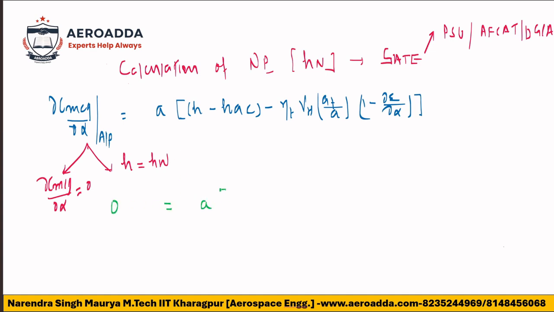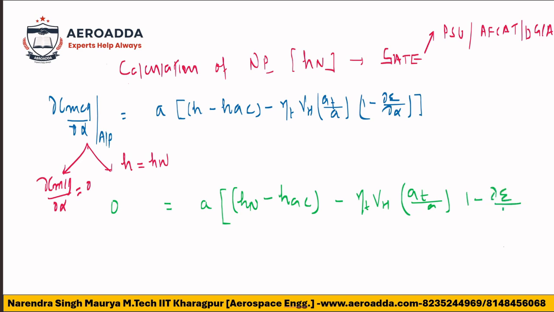This will be as it is, only h will be replaced by hn, minus hac, minus eta t, ph, everything as it is, at by a, 1 minus d epsilon by d alpha. Check it. Now, can I say hn, you please solve it?